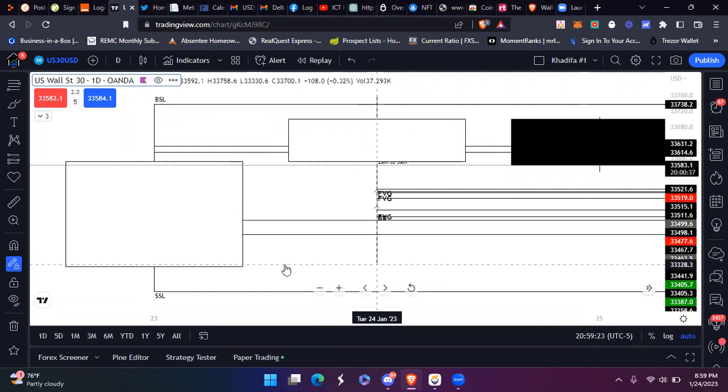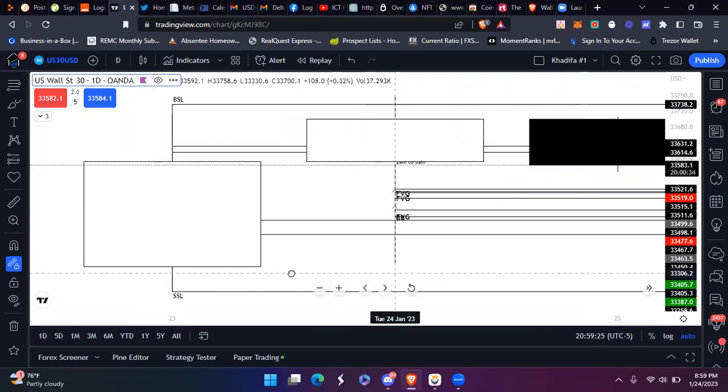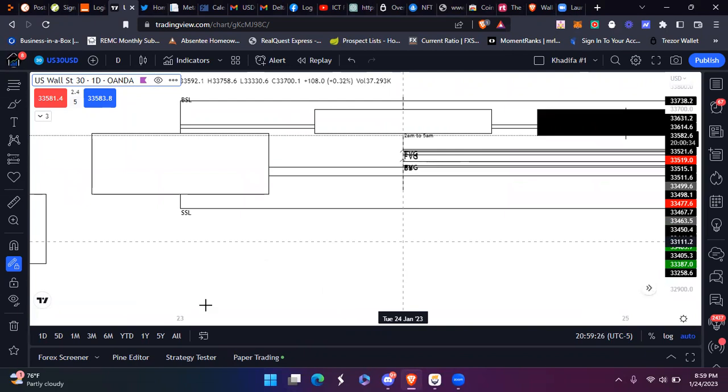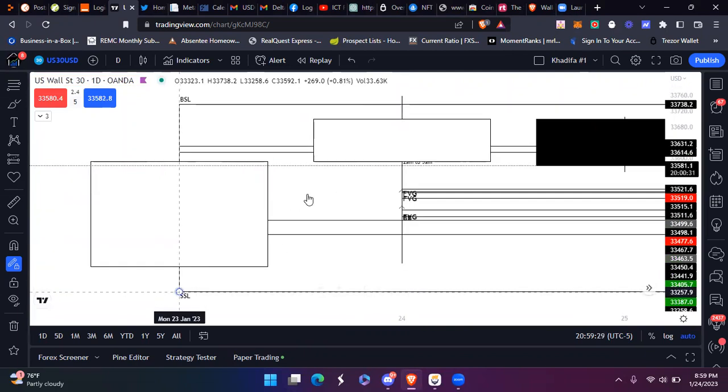I just wanted to give this, might not be brief. I wanted to give this demonstration on how I approach the trading day from the top down analysis.